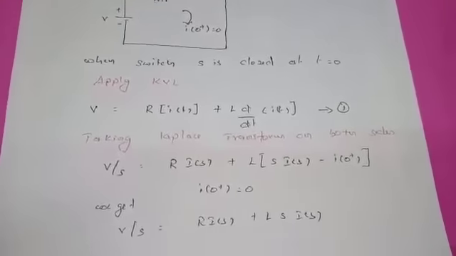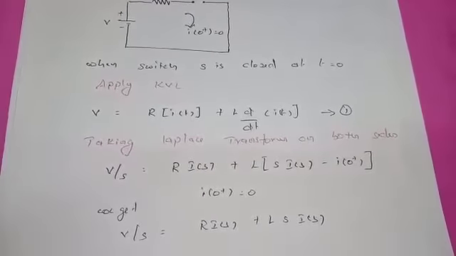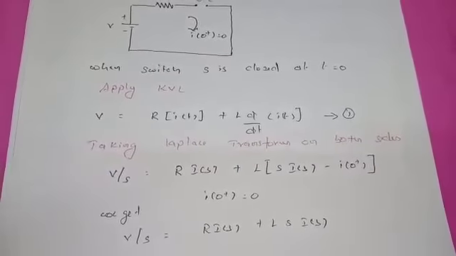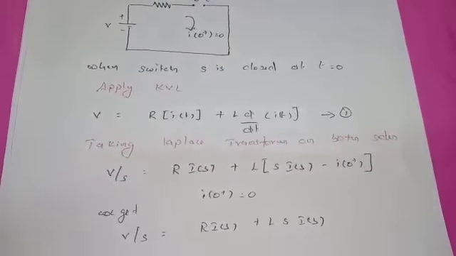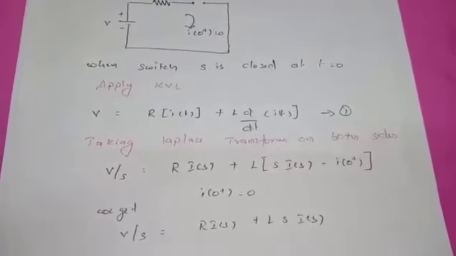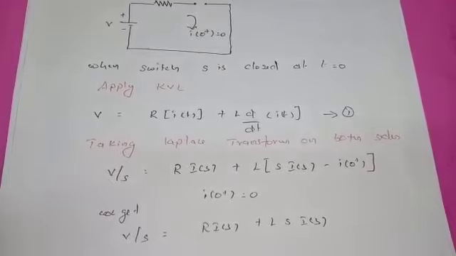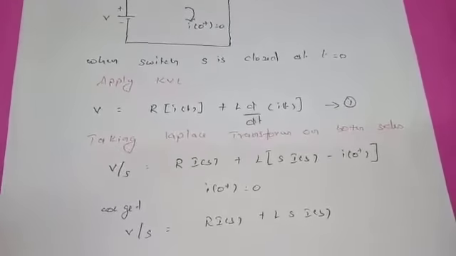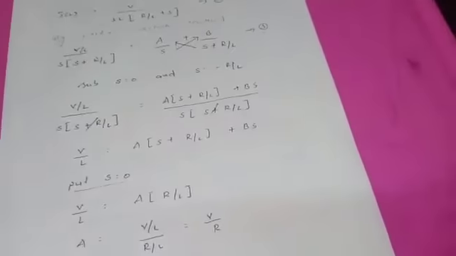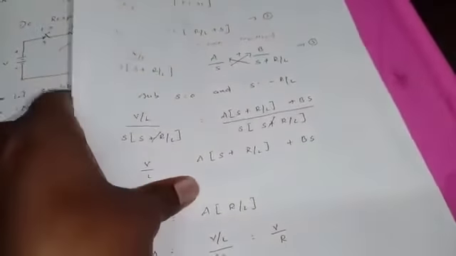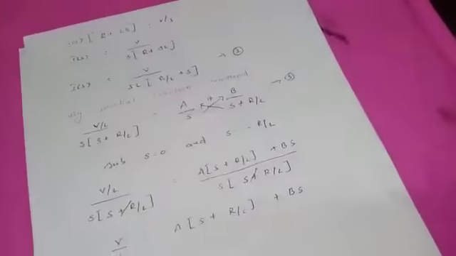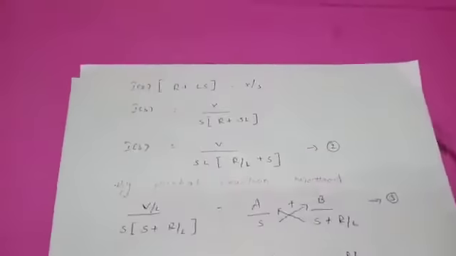So we get V by S equal to R into I of S plus L into S into I of S, when I of 0 plus is equal to 0. On the right-hand side we have I of S in both the elements R and L, so we take I of S as common.